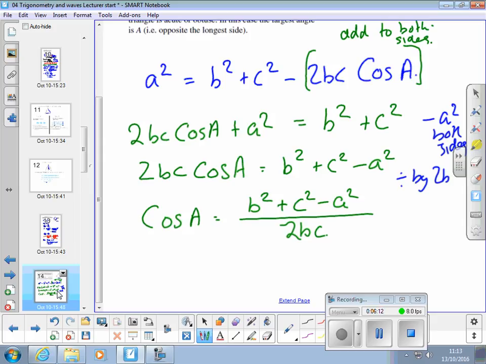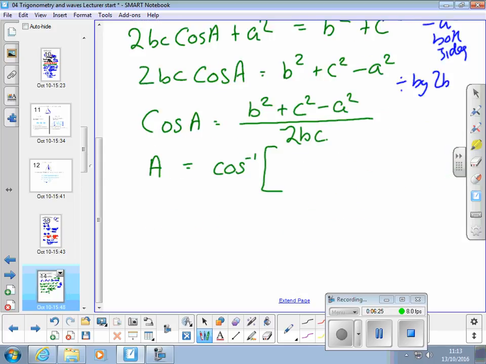Then we can just use the inverse cosine function. So we can say the angle A is equal to cos to the minus 1 of all of that: b squared plus c squared minus a squared all over 2bc. And then we can put our numbers in.